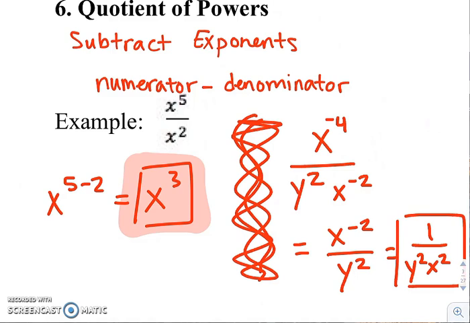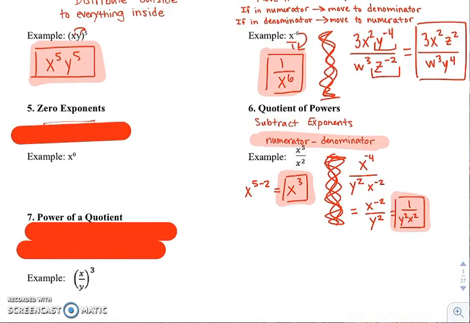But you always want to do the numerator or the top minus the denominator, and we're going to keep it in the numerator of the fraction unless it needs moved. So that's really the trickiest rule, I think, to understand, especially if we have negative powers.